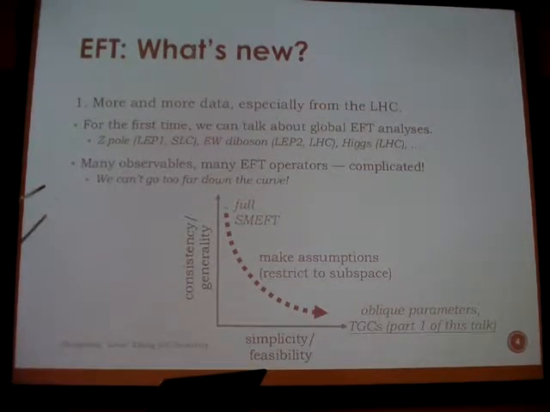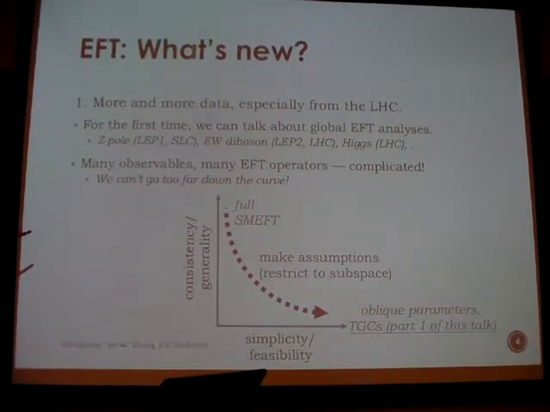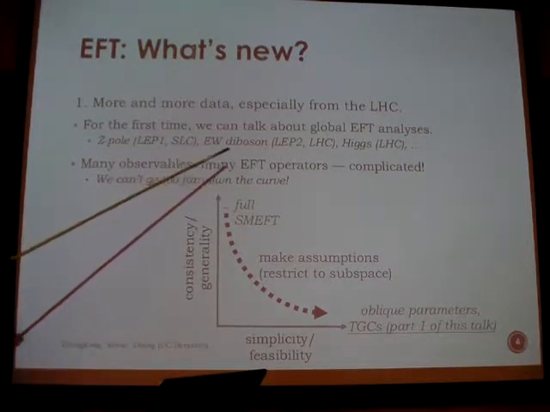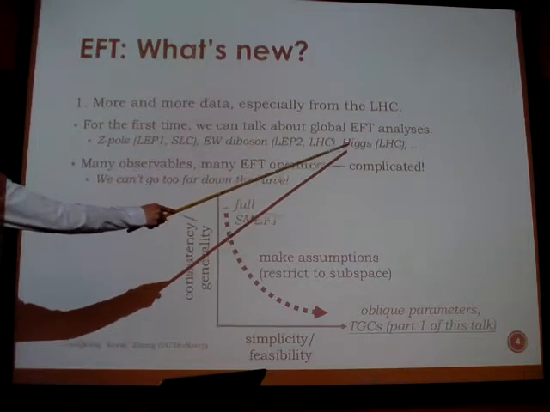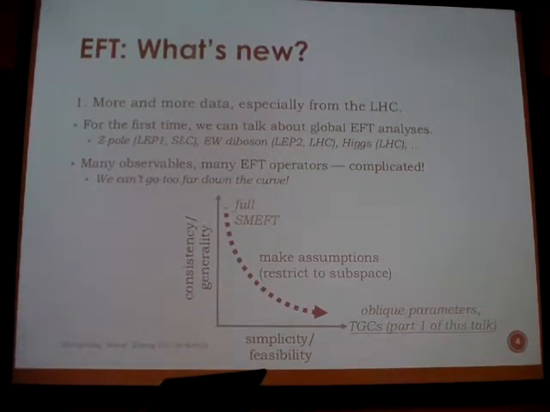Not only do we have the Z-pole data and electroweak boson production data from back in the days of LEP in the 90s and 2000s, we now also have LHC data, in particular Higgs data, and more electroweak boson production data. So there are a lot of observables that have been measured experimentally, and there are many EFT operators that can affect these observables. So the whole analysis becomes really complicated.